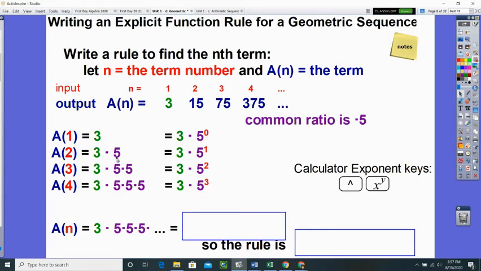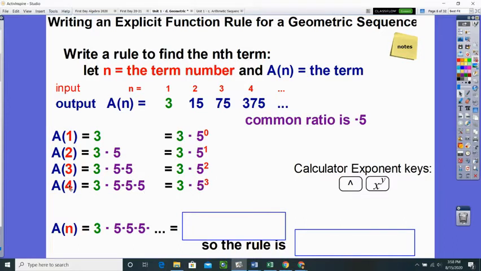Now I want 3 times 1 factor of 5. 3 times 5 is 15. Now I want 3 times 2 factors of 5, 5 to the second, which would be 3 times 25, which would be 75, and so forth. So now when we're talking about the nth, we would need the 3 times 5 raised to the, but be careful.